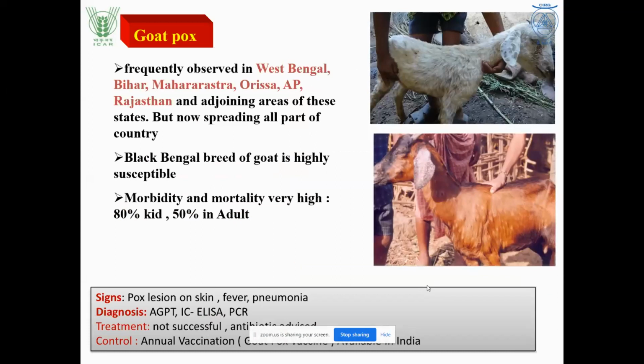Next, goat pox in young animals. Again, if the dam is not vaccinated against goat pox, there is a high risk of goat pox occurring in the younger animal, resulting in very high mortality, sometimes reaching 80%. So goat pox vaccination is very common. Goat pox in the Black Bengal goat is very highly susceptible.